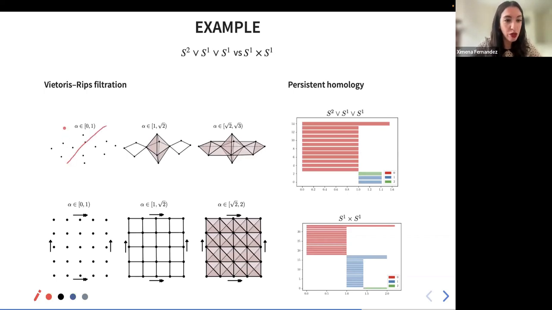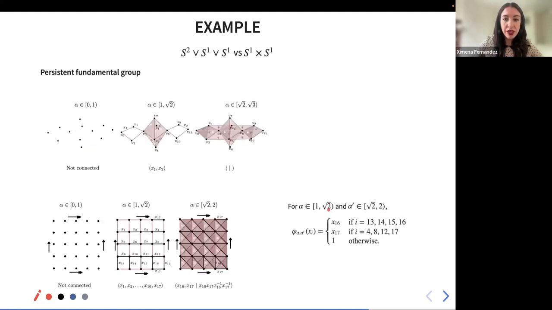For these values of the Vietoris-Rips filtration, I am not going to perform any kind of analysis of pi1. This is a very simple, very small example, and this is some complex of the Vietoris-Rips filtration. And this is a computation of the persistent fundamental group with discrete Morse theory. For these values of the filtration, this is Vietoris-Rips alpha.